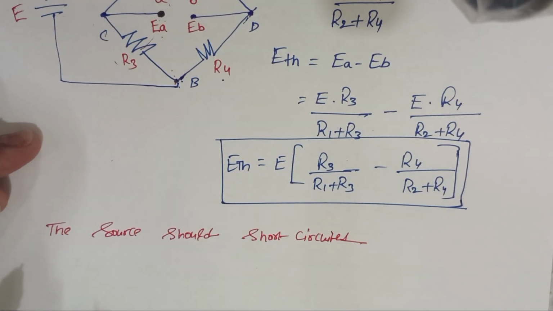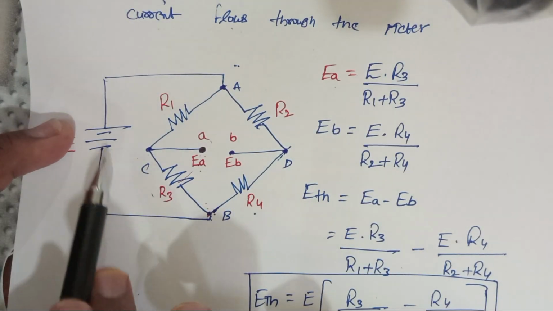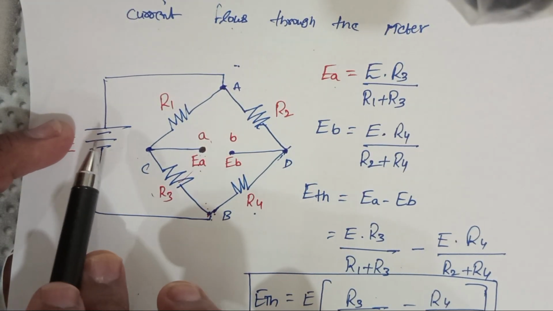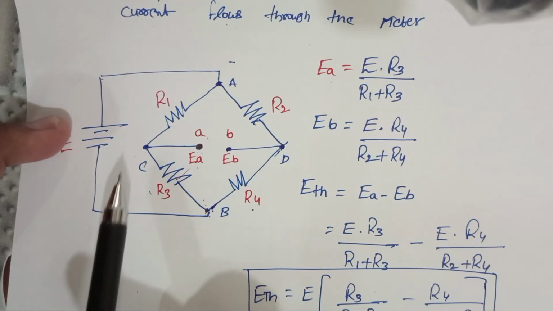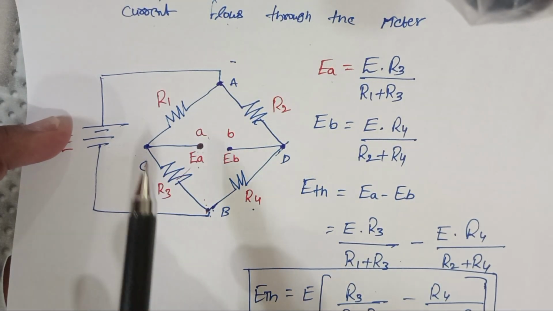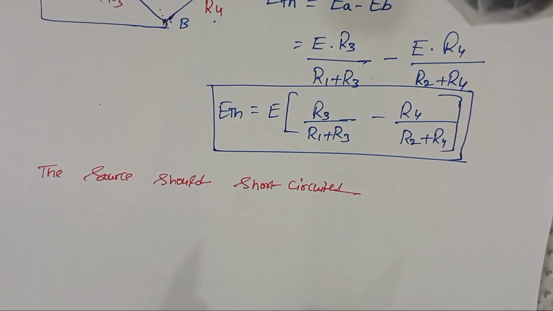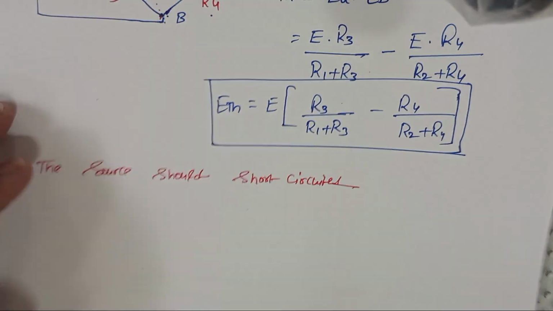This source should be short circuited to find Thevenin's resistance, so the circuit can be redrawn as follows.